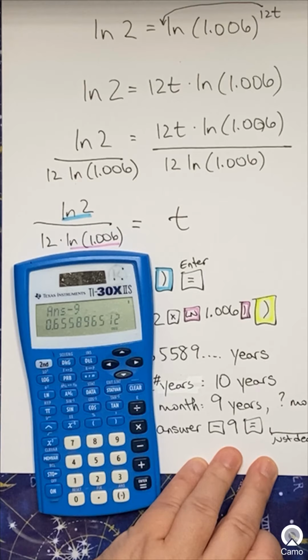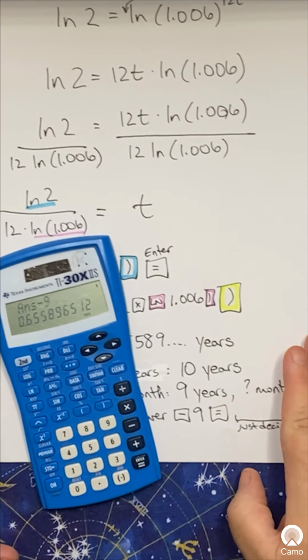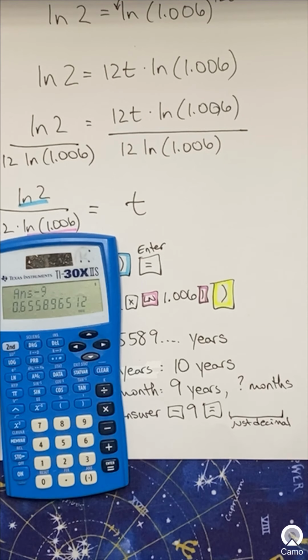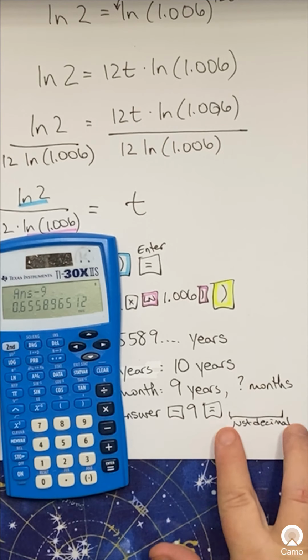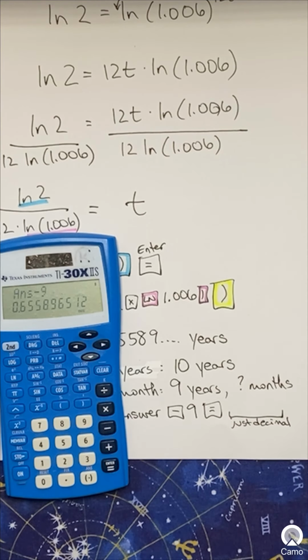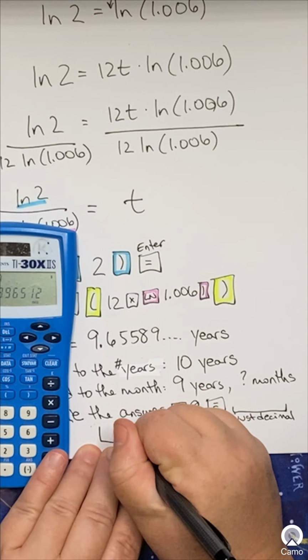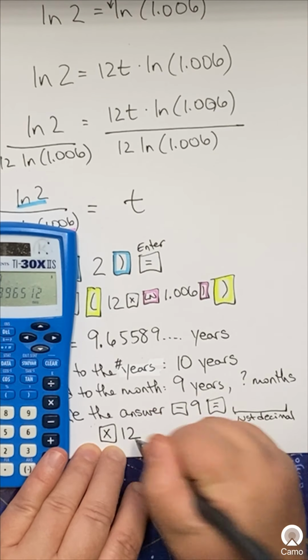Here I'm speaking like a person, because obviously you can make the case that every number that's not fractional is actually a decimal, but you know what I mean. The decimal to the right of the decimal point. And then go ahead and multiply by 12.